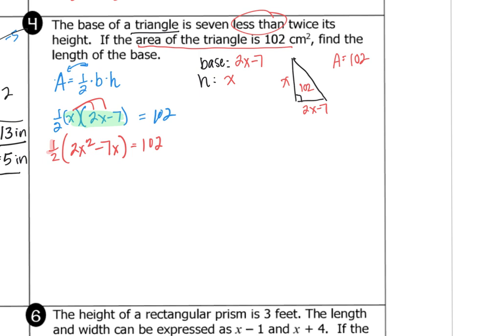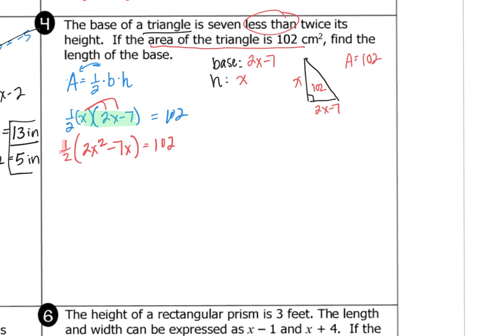Now, we could distribute this 1/2 in, but it gets a little bit messy. So what I'm going to do instead is, I know it's being applied on the outside of the parentheses. We haven't put it inside yet, so we can multiply both sides right now times the reciprocal. That's how we move fractions from one side of the equal sign to the other.